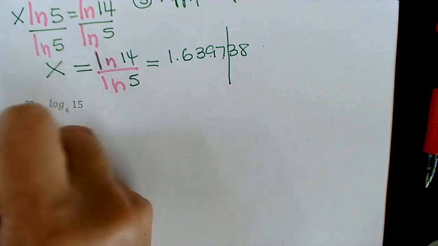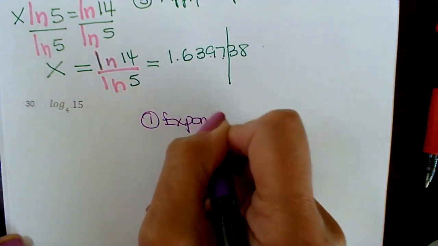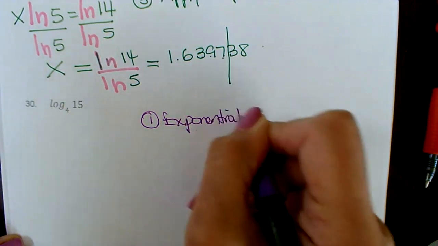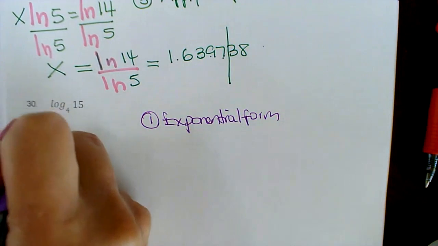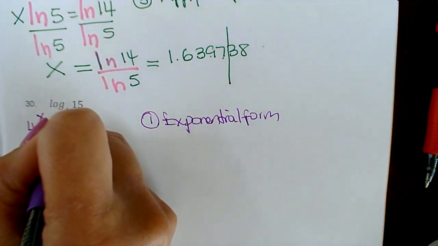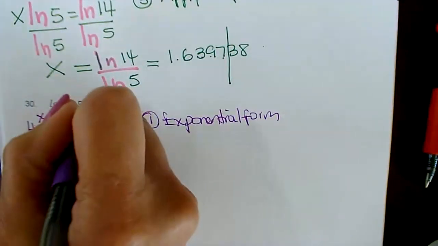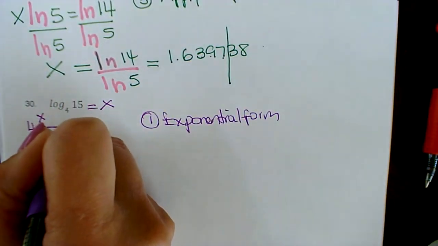That would be the first step, just the same way that we did the other one. Exponential form. So that's going to be 4 to the x power equal to what? This is equal to x.